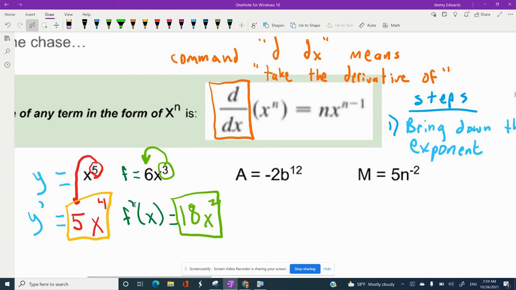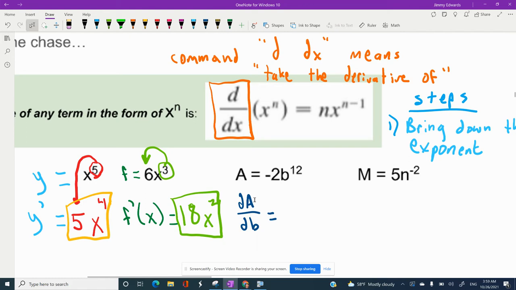If you're interested, Lagrange notation is the prime notation. But you may see the Leibniz notation. So what would that be? The derivative of a with respect to b is written dA/dB. So instead of a prime, you may see dA/dB.